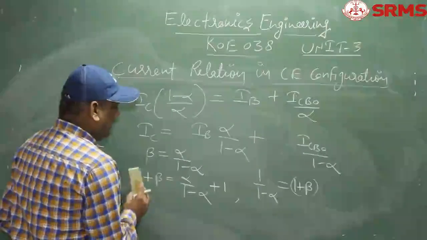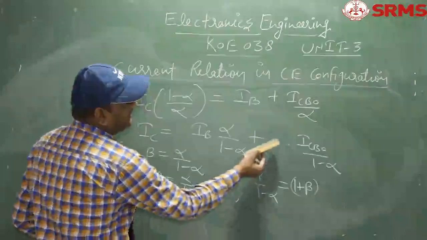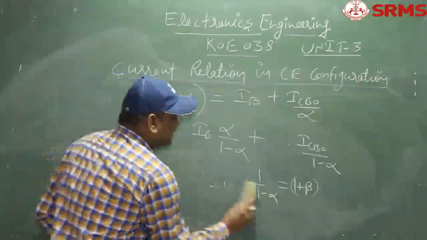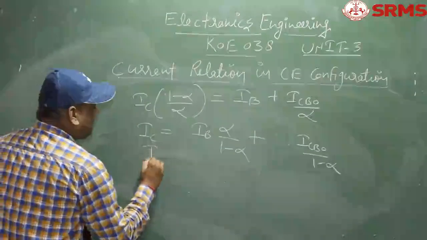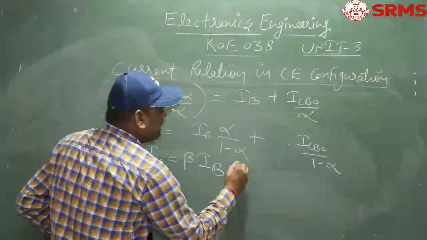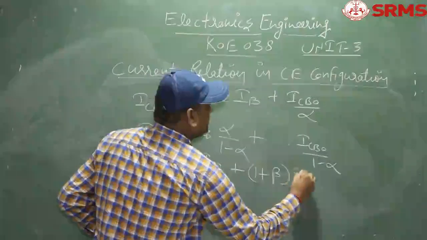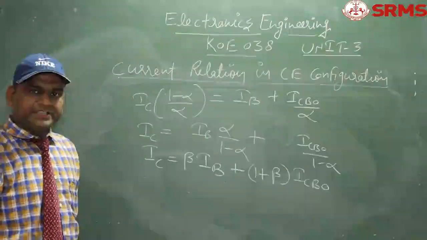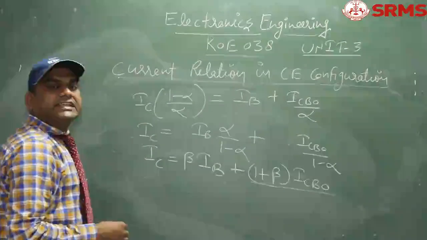If we put these values in this equation, it can be written as IC is equal to beta times IB plus (1 plus beta) times ICBO.